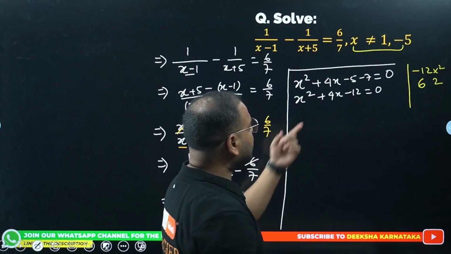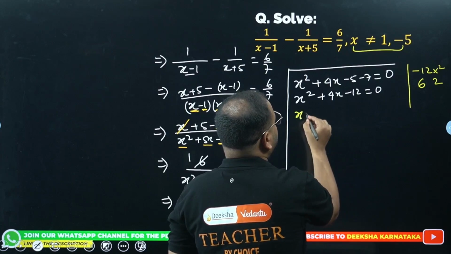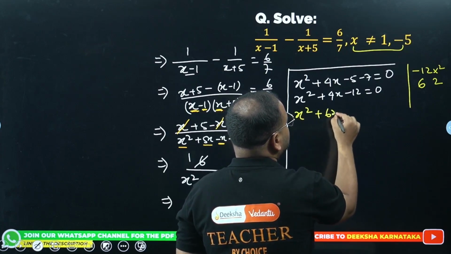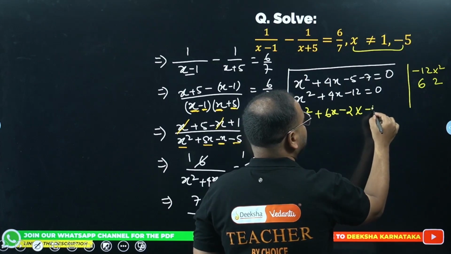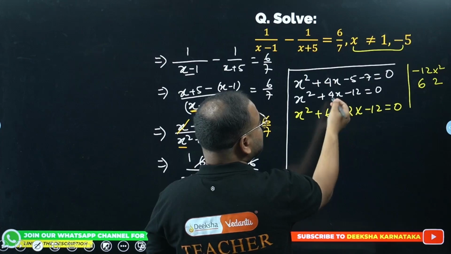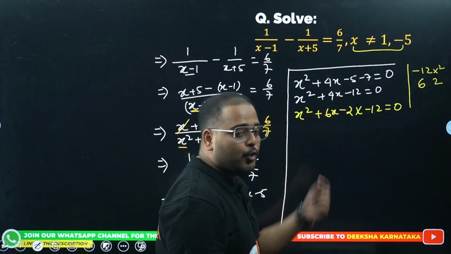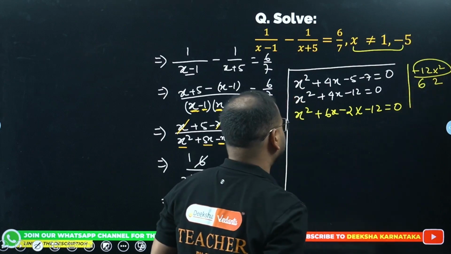Okay, which is bigger? Positive has to be bigger because I want 4x here. So I can write this as x square plus 6x minus 2x minus 12 equals to 0. Right? 6x minus 2x is 4x and 6x into minus 2x is minus 12x square, which we needed here.